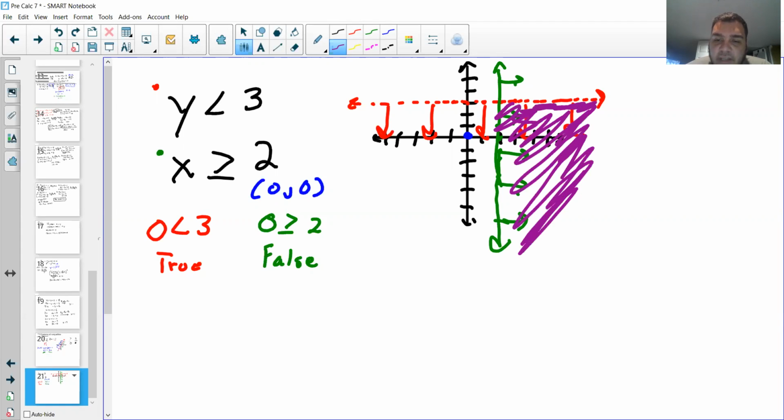So your final shaded area is this corner over here, not the top right, top left, or bottom left. This has to be the bottom right. And the reason is that's where they both have shaded areas. So it has to be where the overlap occurs.